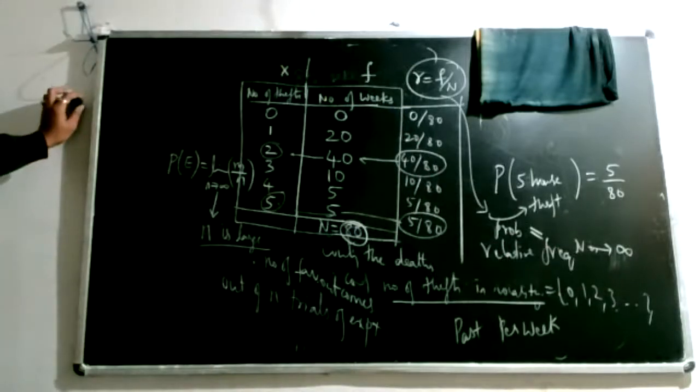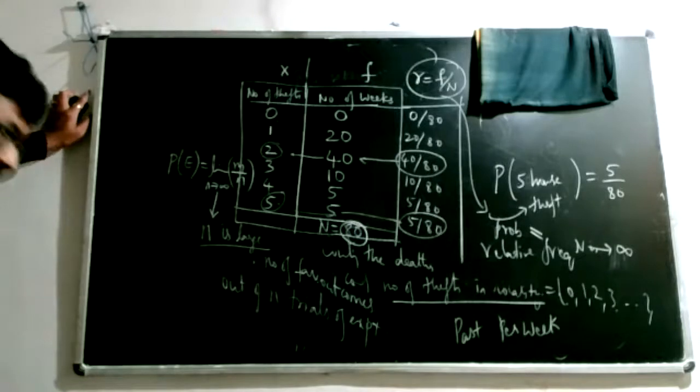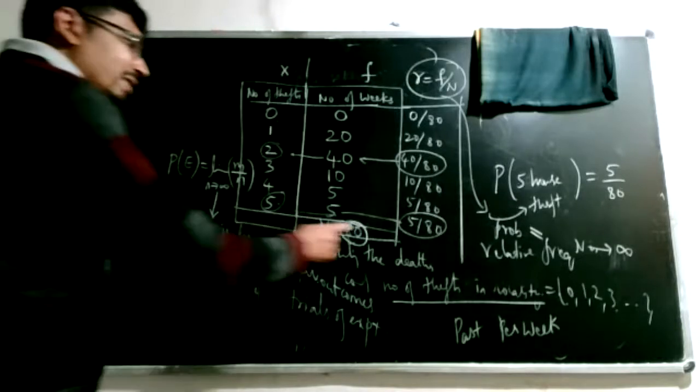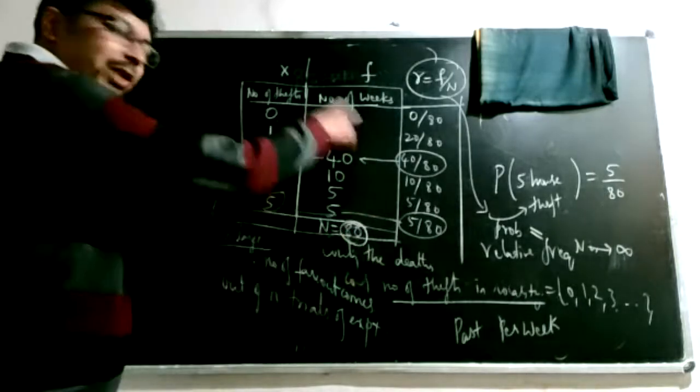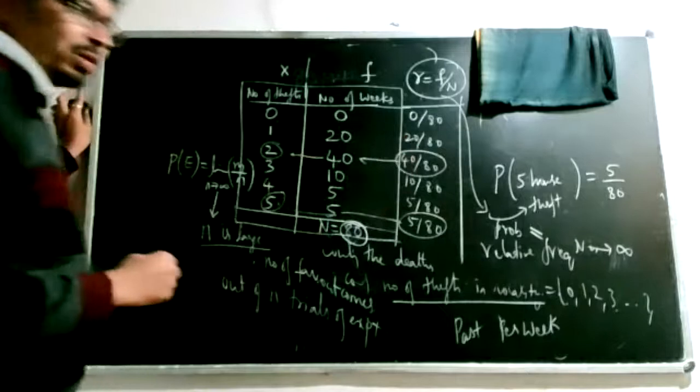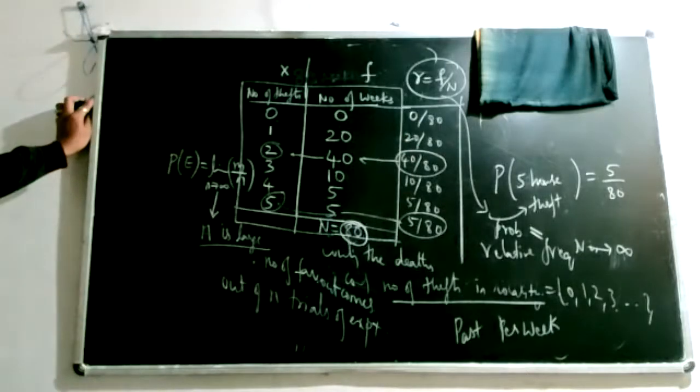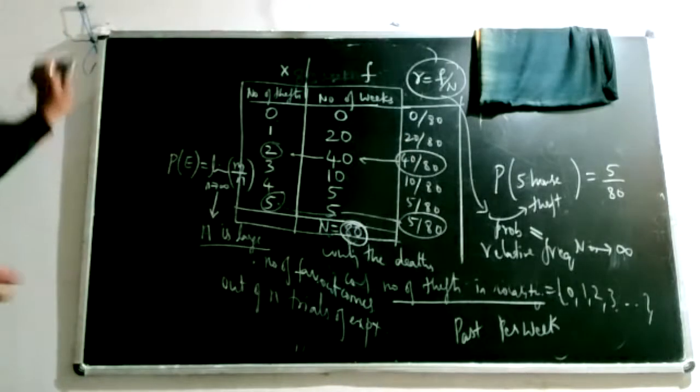This is how we use the data to compute the probability. So this is only by experiment. Now every now and then we collect the data. As time advances, I could get the data for 81 weeks, 82 weeks. So update your data and revise your probabilities. That is what the data scientists are doing.